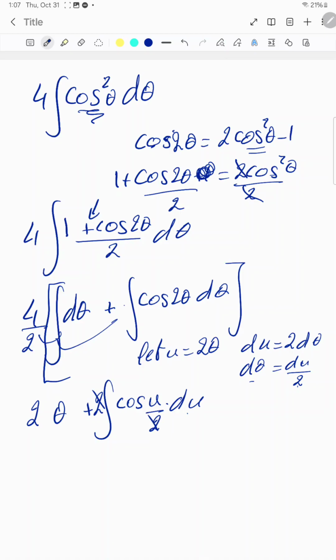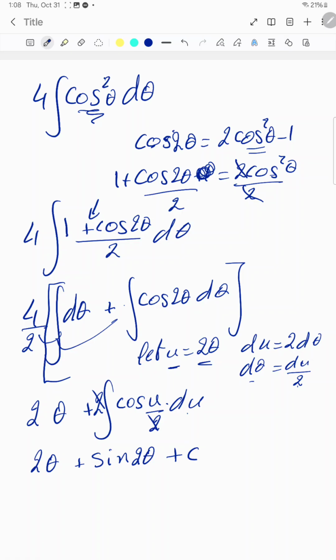And I know integral of cos of u is sine of u. So I will have 2 theta plus sine, but instead of saying u, I will replace it by 2 theta, plus c.